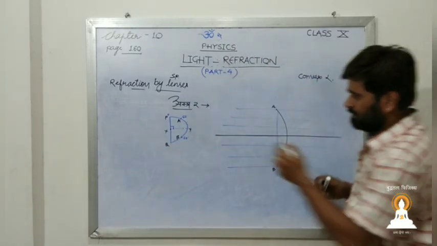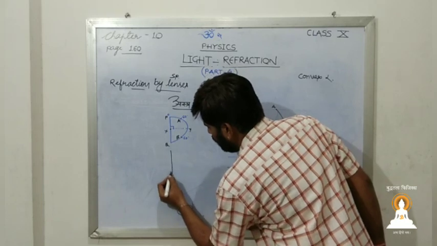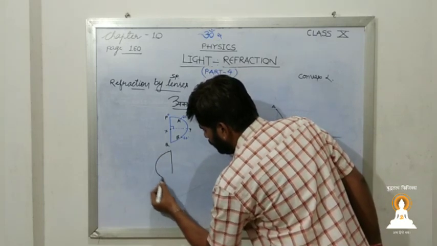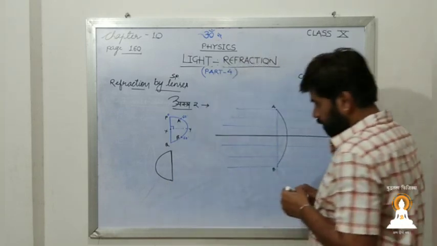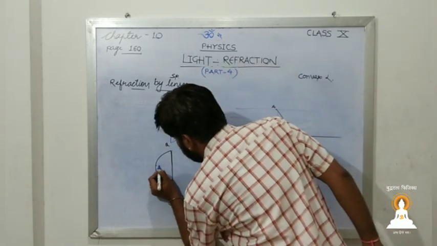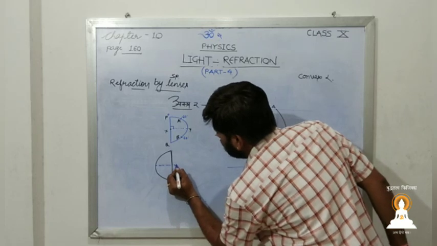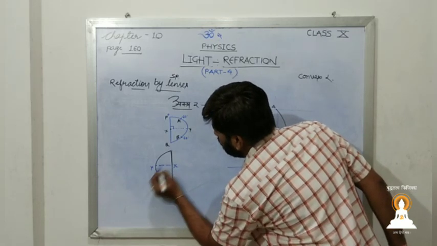Now just reverse it, take a replica of this, put it like this. If you put it like this, then this time X will be here and Y will be here.